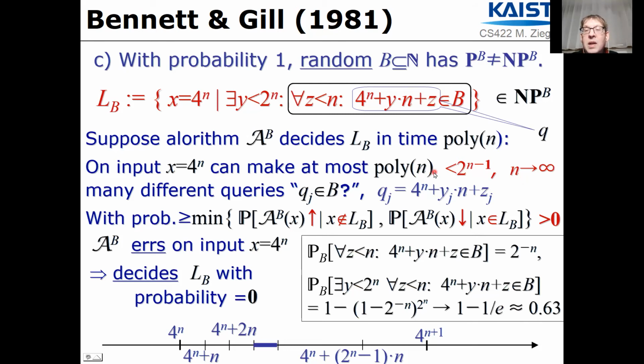So when the asymptotics kicks in, that's when these properties all hold, and thus the algorithm with certainty makes a mistake, and that holds for any possible polynomial time algorithm. Thus we conclude that there cannot exist a polynomial time algorithm that deterministically solves this artificial decision problem within polynomial time.